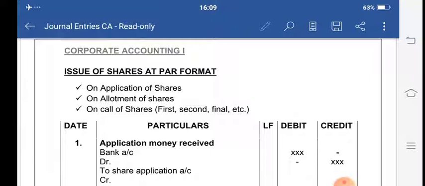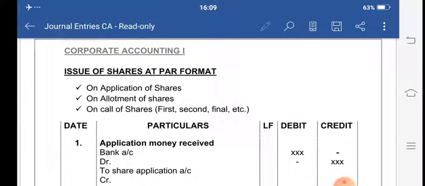Just to remind you of the example I gave: suppose ABC company is issuing shares, and each share price is rupees 10.